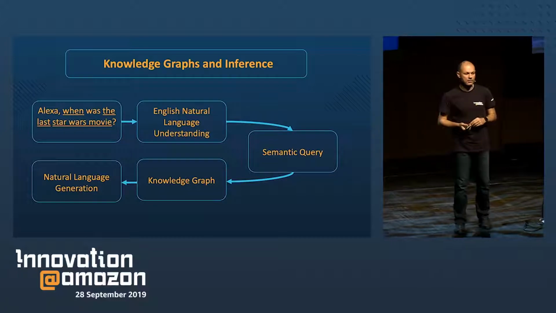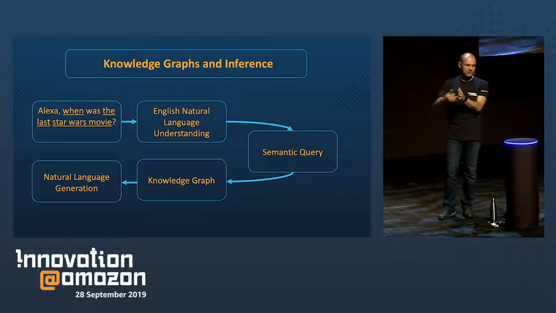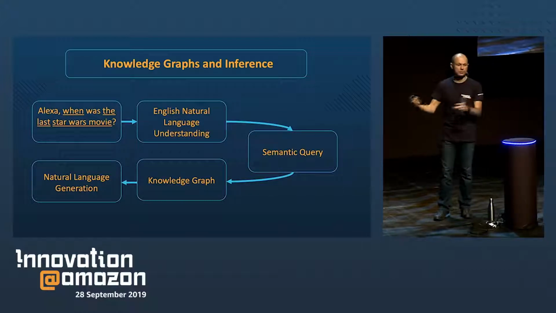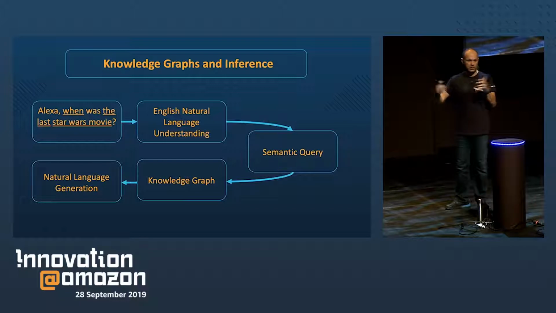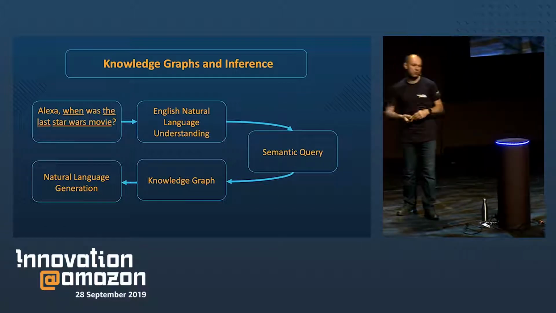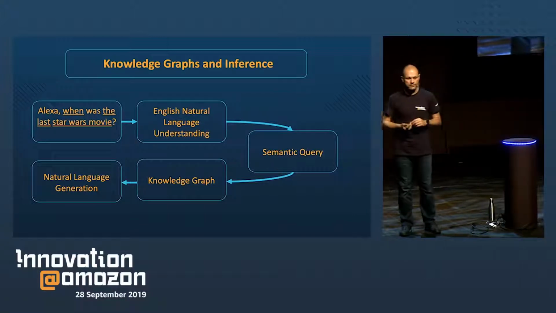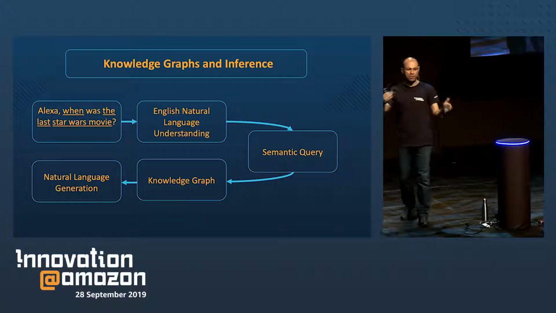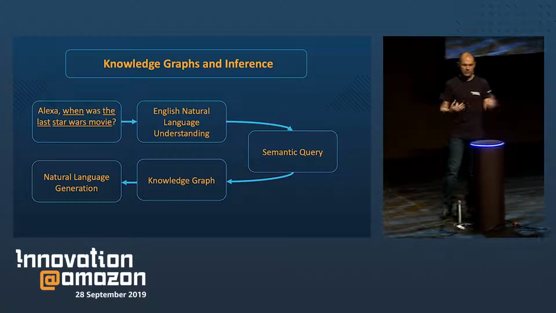It's the same question, but now you added another condition, that George Lucas should have directed the film. Because of this compositionality, you can go on forever. You might say, "when was the last Star Wars movie that George Lucas directed when I was 14 years old?" So you can go many, many layers deeper in terms of the kind of question you're asking. And all of these are legitimate questions.